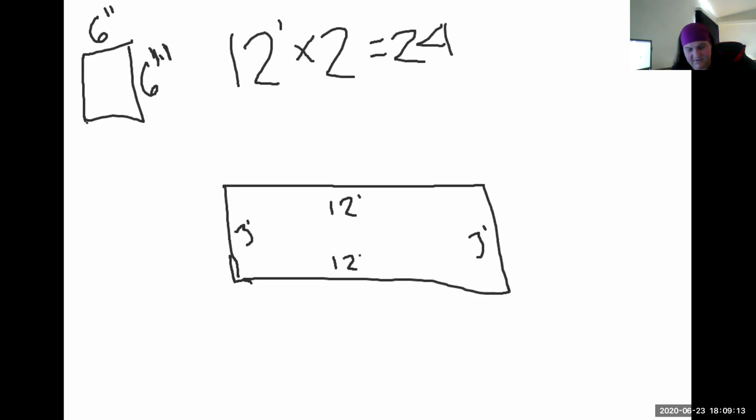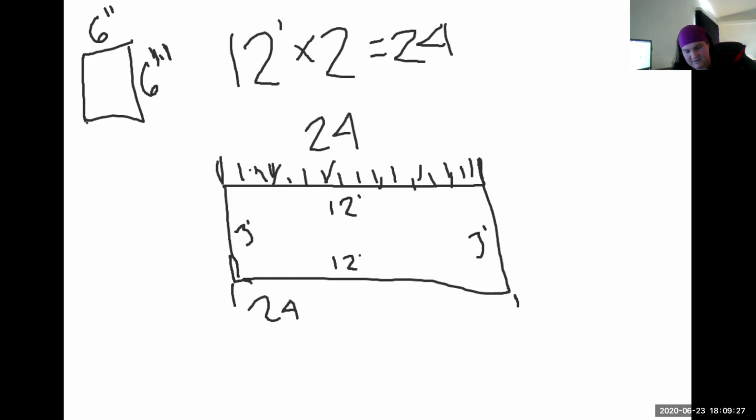That means we need 24 pavers on this side, and we also know that we need 24 pavers over here. Okay, so now let's do the 3-foot sides.